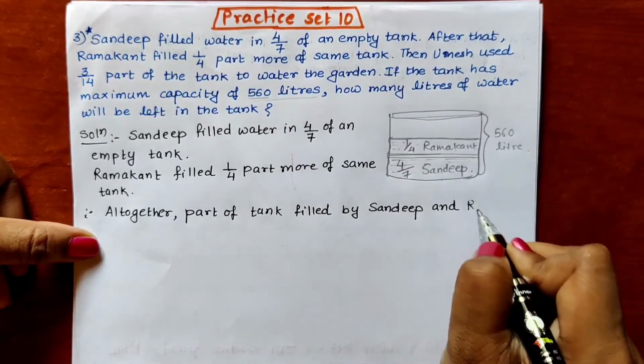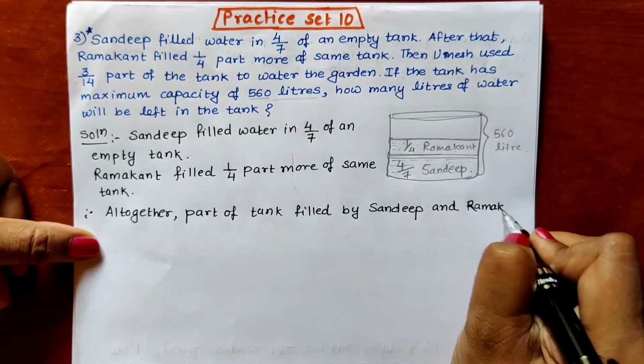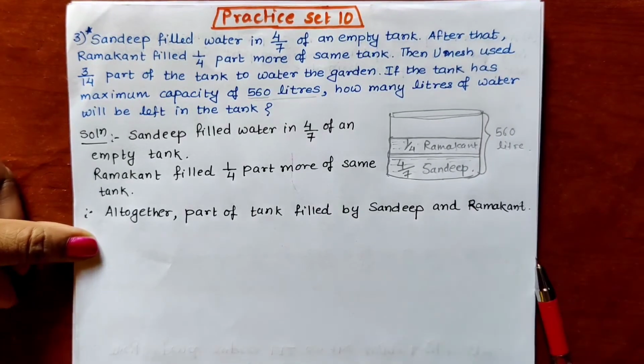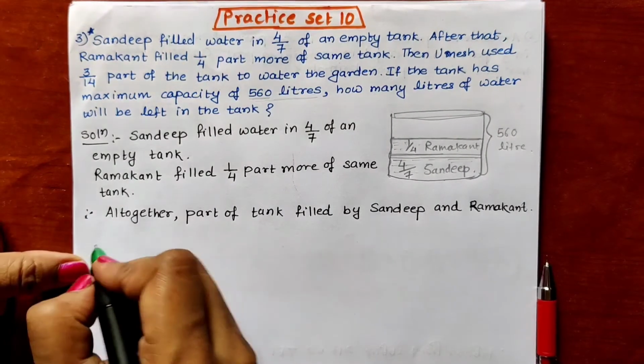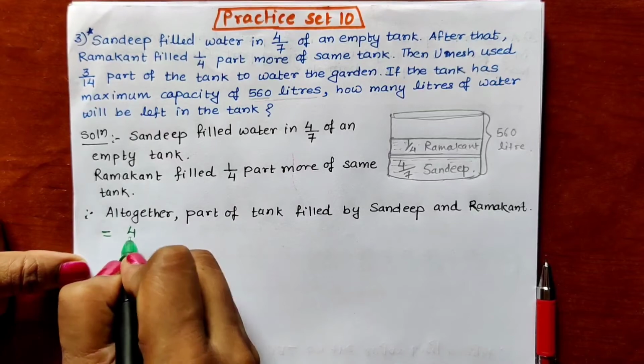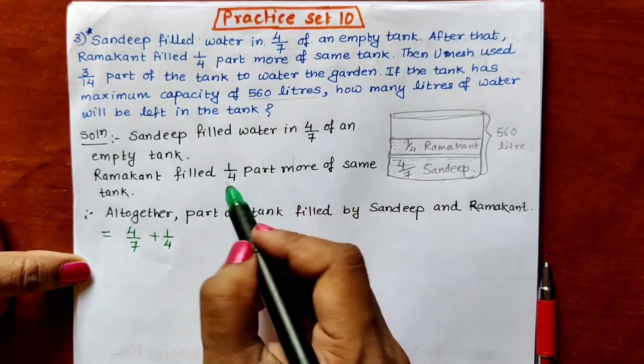That means we will have to make the total. It is equal to 4 upon 7 plus 1 upon 4.